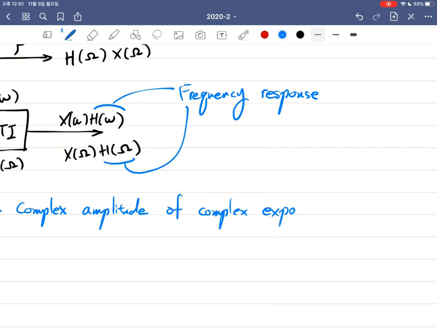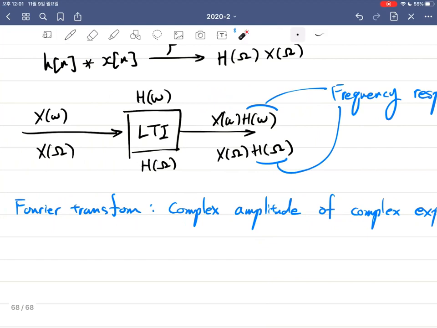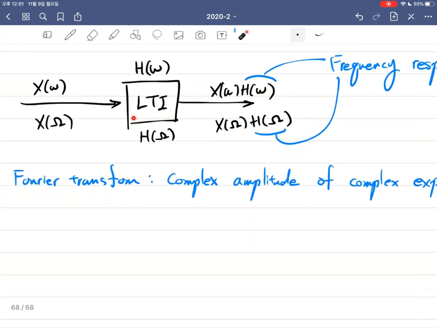And passing through this LTI system means I'm going to multiply the frequency response to this complex amplitude.